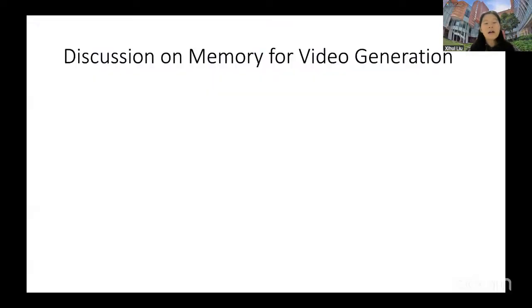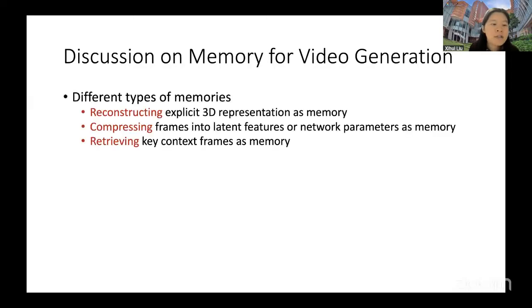Okay, so now I want to supplement some more discussion on the memory mechanism for video generation. Last year there was a series of works exploring memory mechanisms for long video generation or world models. And there have been different types of memories.